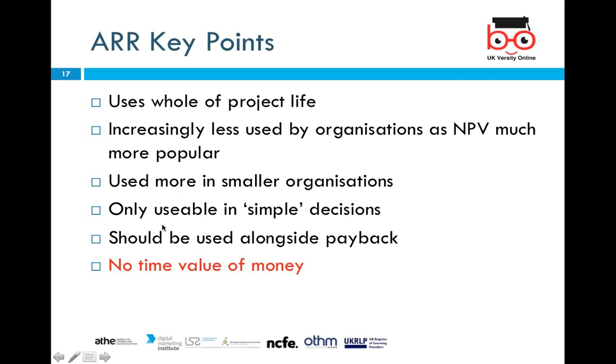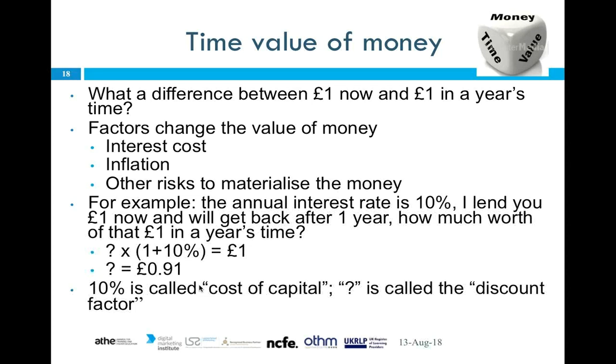It is used basically in smaller organizations, and it is only usable for simple decisions, not complex decisions, and should be used alongside payback. So if the company uses payback, a non-discounted cash flow method, they can also use the accounting rate of return. They go together, and no time value of money has been calculated here.